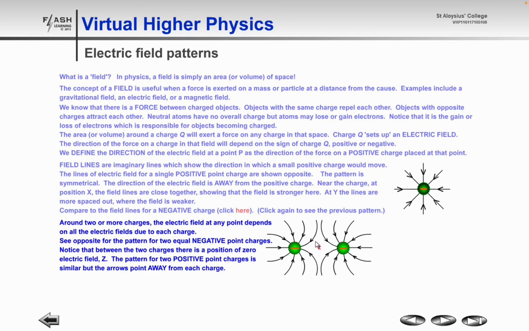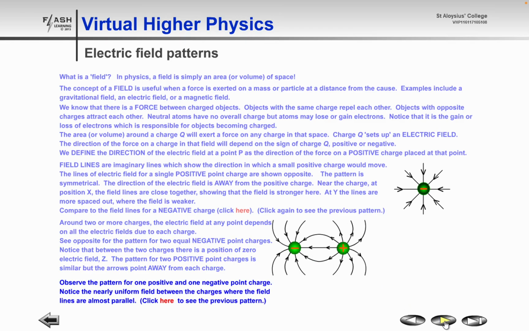But there are points in the middle where things would be deflected and get bent round. And if you were exactly in between these two charges, then there would be a zero point, i.e. you'd be equally attracted in both directions, and so you would experience no net force at that point.